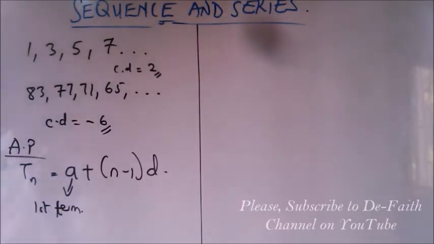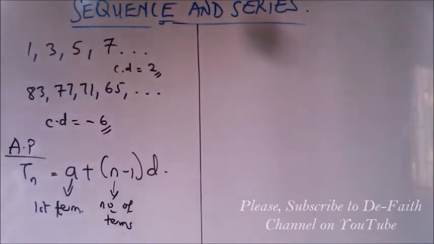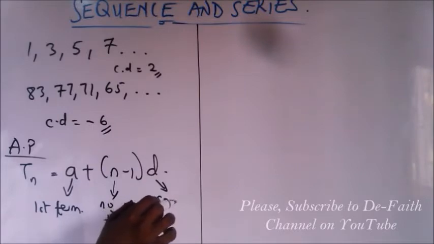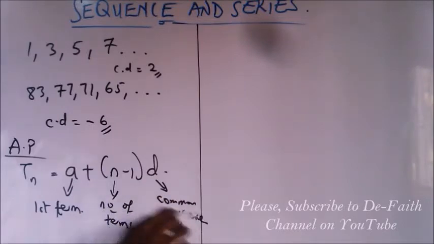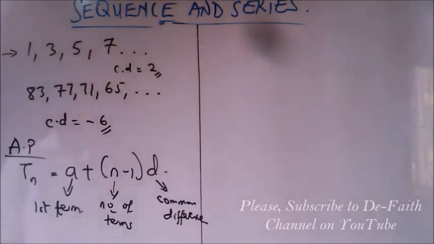For instance, here this is the first term, 1. Here this is the first term, it's 3. And then n is the number of terms which we are dealing with, and D represents the common difference. And so this particular sequence is an example of an arithmetic sequence.